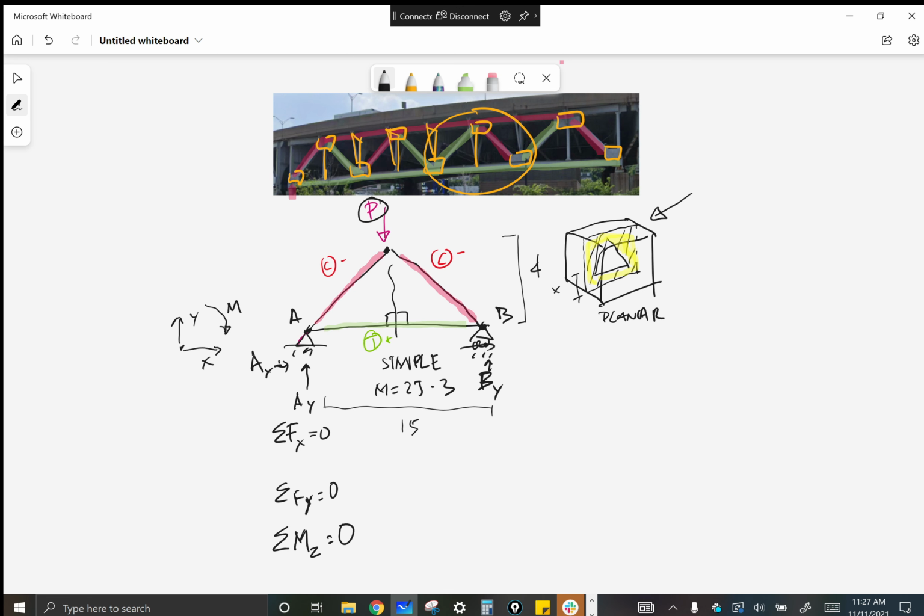You might need to know what is simple about a simple planar truss? It's triangles, and number of members equals 2 times joints minus 3. Some description of why it's called a planar truss, what a two-force member is, some description of statics in terms of, hold on a second, in terms of that we have to have the number of reactions and the number of unknowns equal to one another.